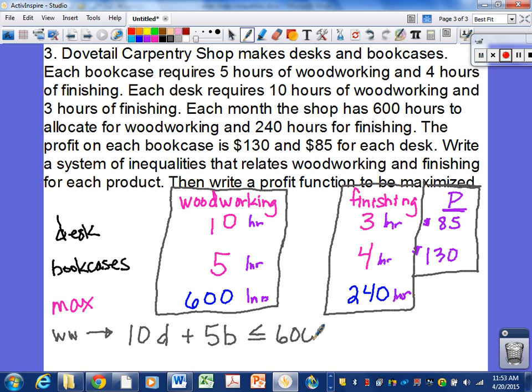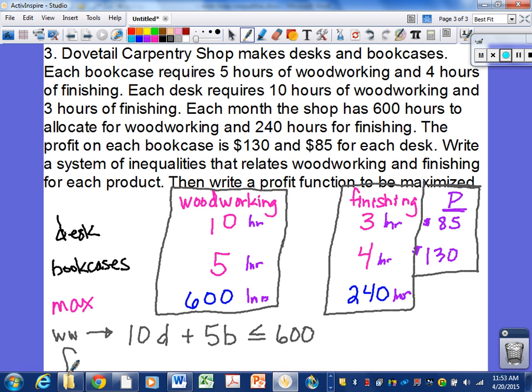So that's what makes it an inequality. It can be less than 600, that's fine, but you cannot spend more than 600 hours for woodworking. So here is your linear inequality: 10 hours for every desk plus 5 hours for every bookcase is less than 600 hours. These are all about woodworking.